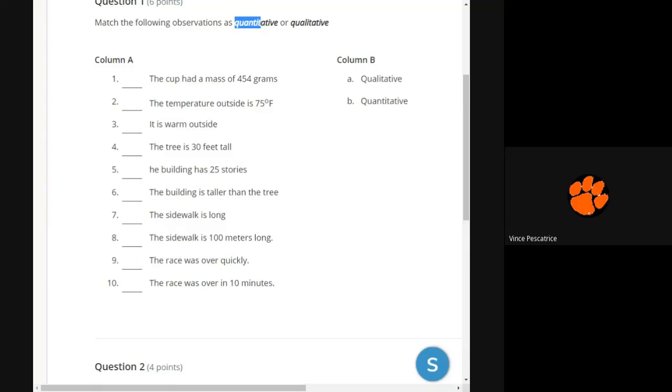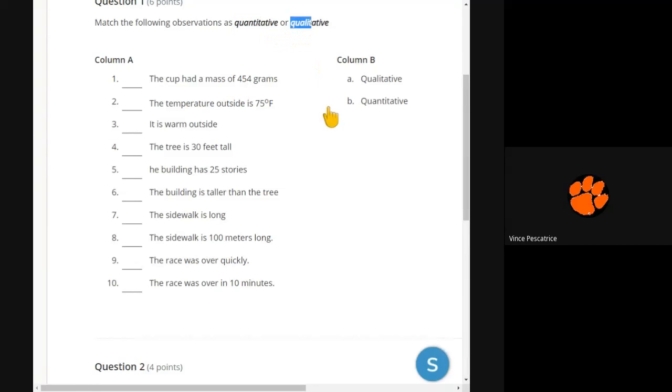So quantitative observations are ones that talk about numbers, how much of something. If there's a number, there's a good chance it's a quantitative observation. The other type of observation is a qualitative one.